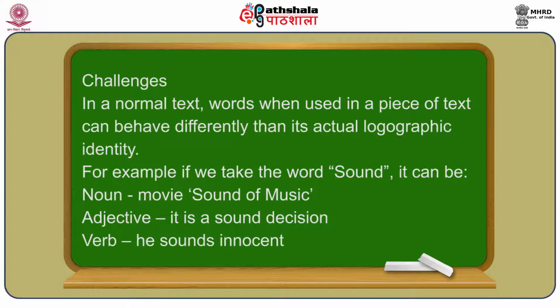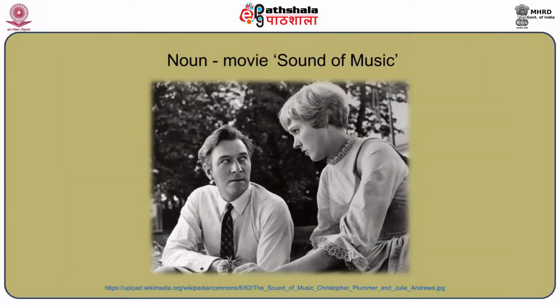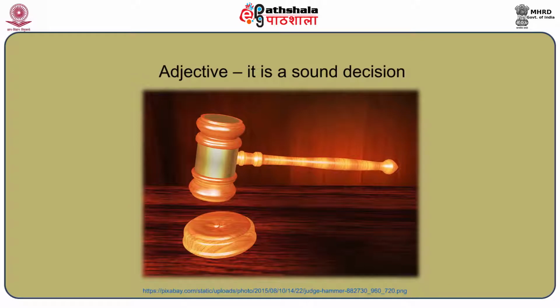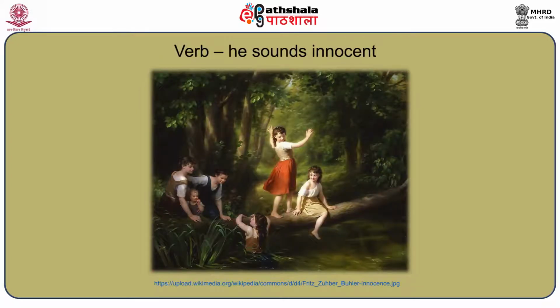words when used in a piece of text can behave differently than their actual lexicographic identity. For example, if you take the English word sound, it can be a noun, the sound of music, or it can be an adjective, say it's a very sound decision, or it can be a verb, he sounds innocent or he sounds pragmatic.